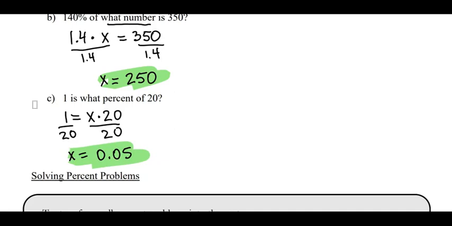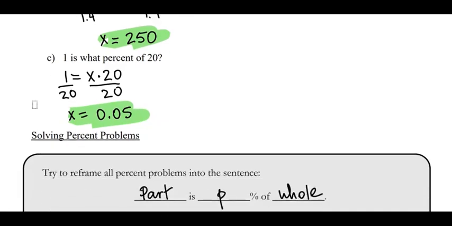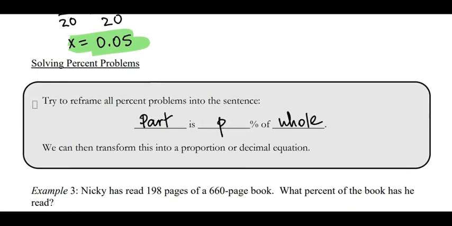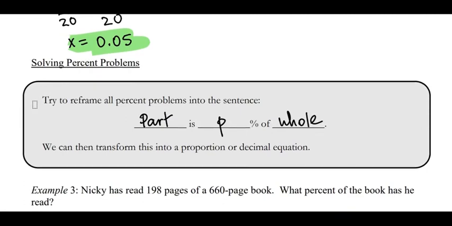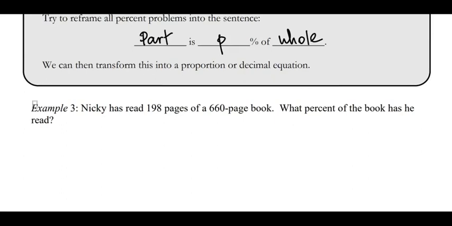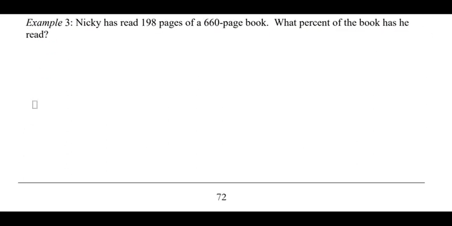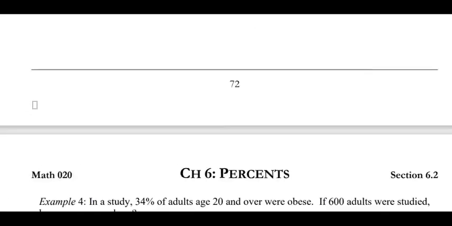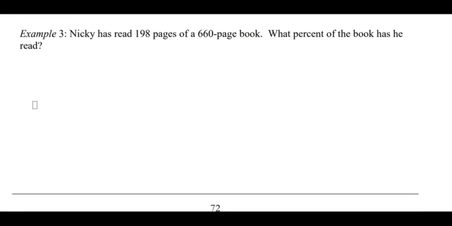Okay. So when you solve a percent problem, like we just said, we have the part is a percent of a whole number. That's your general rule. All right. So for the next couple of examples, I am going back to using my proportion. I feel more comfortable with cross product and proportion.